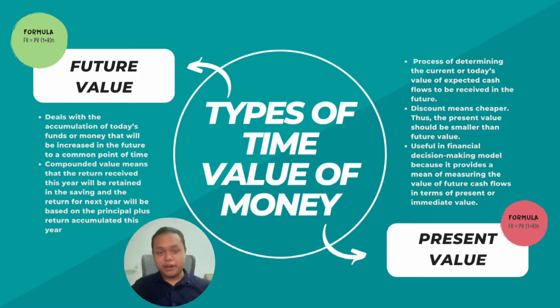It is useful in financial decision-making models because it provides a means of measuring the value of future cash flows in terms of present or immediate value. The formula for present value is PV equal to FV divided by, in bracket, 1 plus R times N.